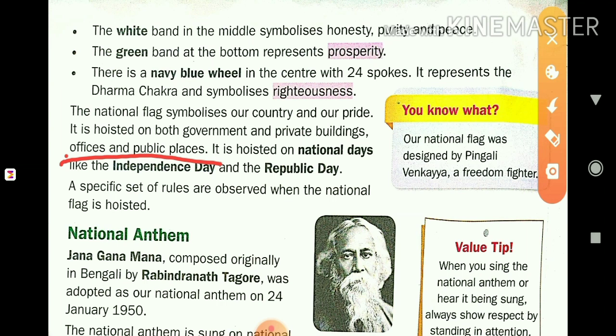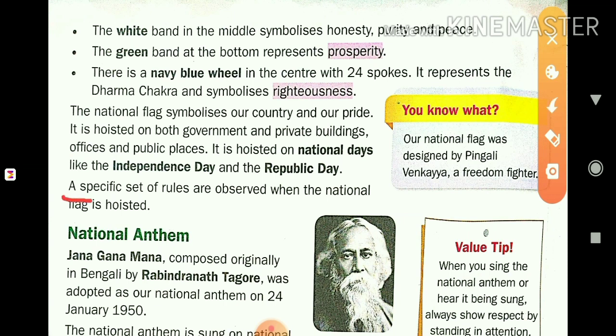It is hoisted on national days like Independence Day and Republic Day. These two national festivals are there, and on that day we hoist the flag.